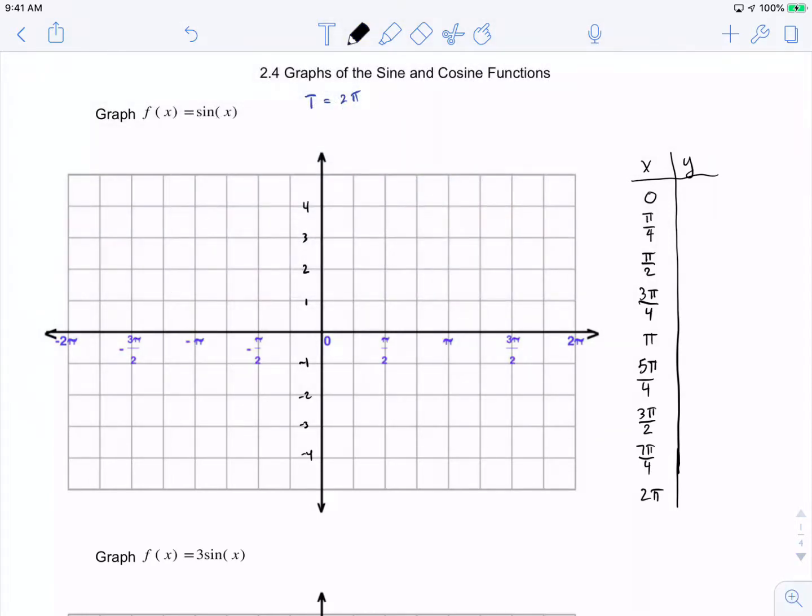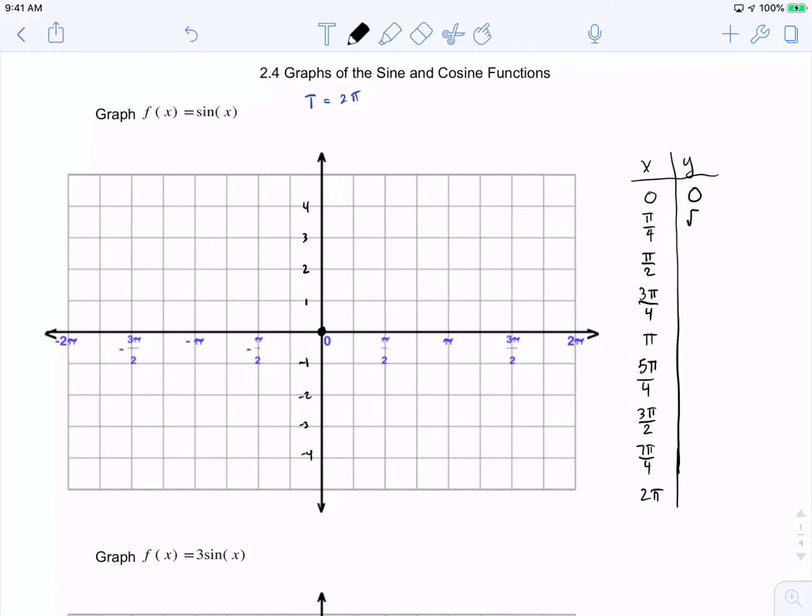Now, with that, I picked some values on this table that were easy to find based off of the unit circle. So this first one, when x is 0, sine of 0 is going to be 0. So we know that the first point that we're going to pick is going to be the origin, 0, 0.